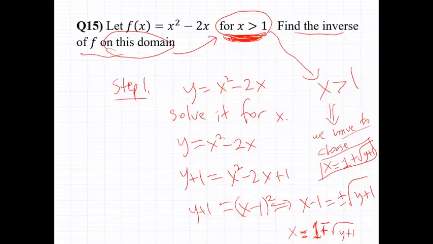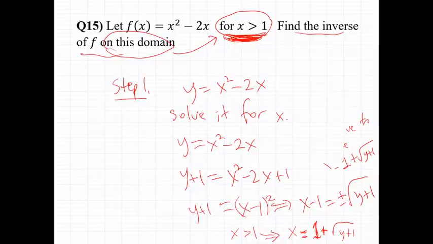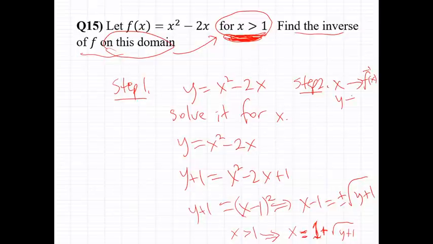And then you can say, I choose this one because x is bigger than 1. Okay, now I found it. And step 2: change x to f inverse of x and y to x.